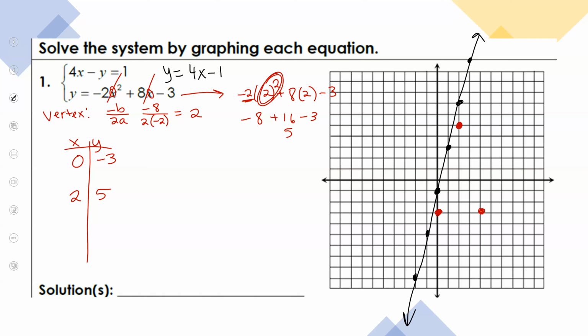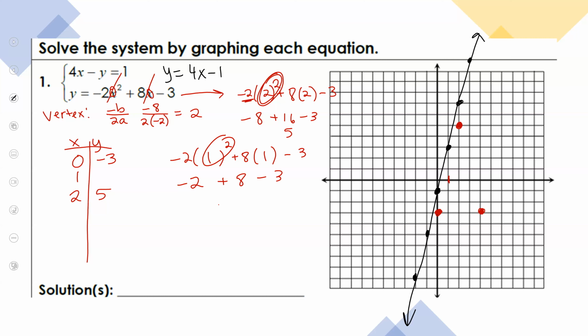Okay, so let's figure out some more intersecting points. Let's plug in 1 to see what that will be. So I'm going to plug in a 1 to my table, and let's plug it into the equation to see what the y value is when x is 1. So this is my equation. We're going to plug in a 1. So we'll get 1 squared is 1 times negative 2 is negative 2 plus 8 minus 3.